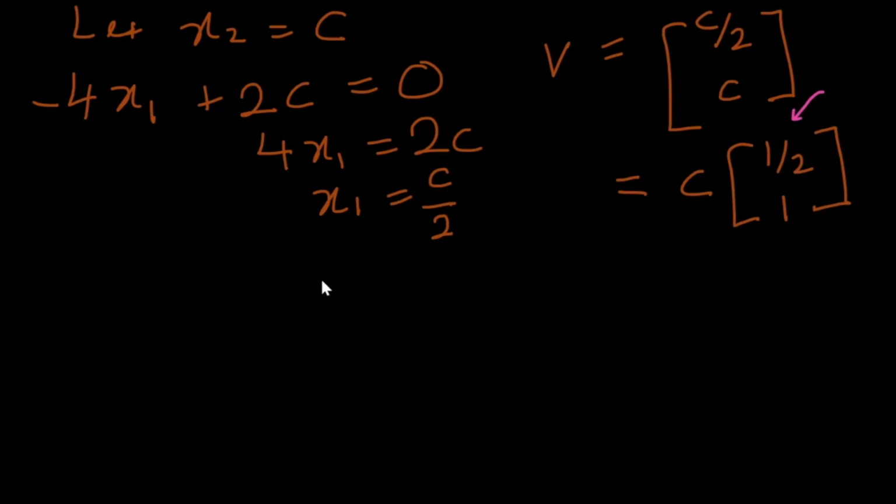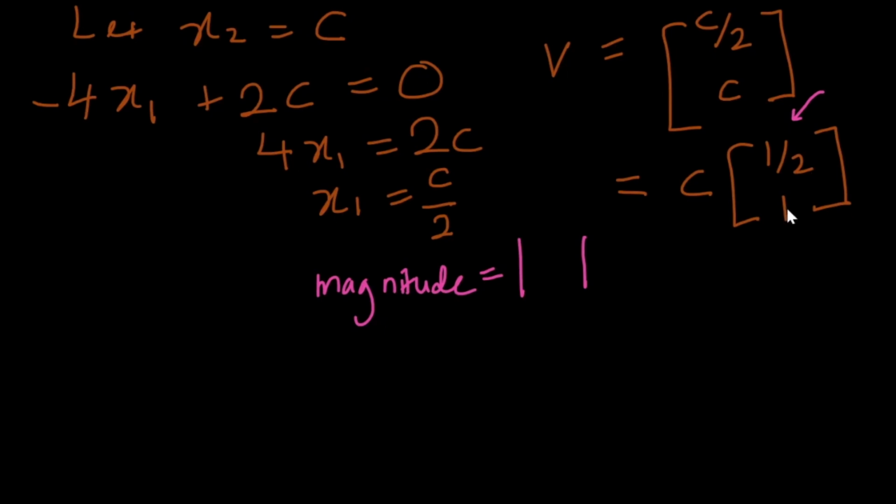Remember, the magnitude is also the absolute value of a number. So in this case, we don't have a problem because there are no negative values. But in case there's a negative value, please take note that the largest magnitude of each element must be 1. And in this case, this is true because the magnitude of half is half, which is less than 1, and the magnitude of 1 is 1.